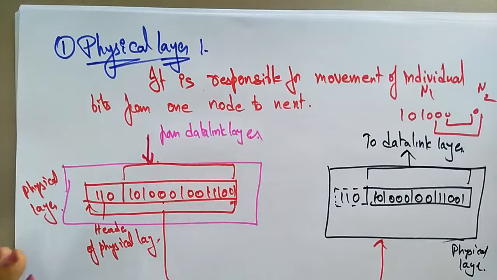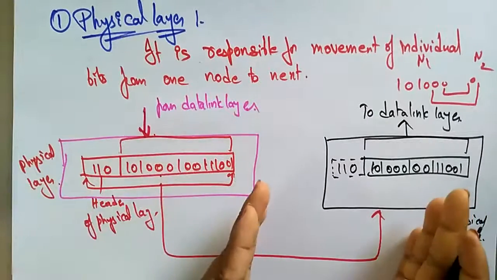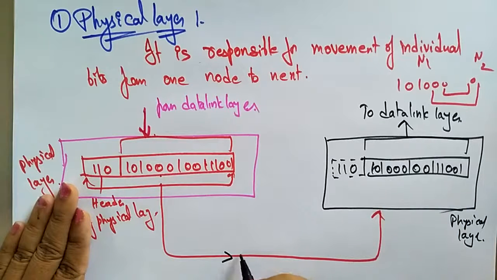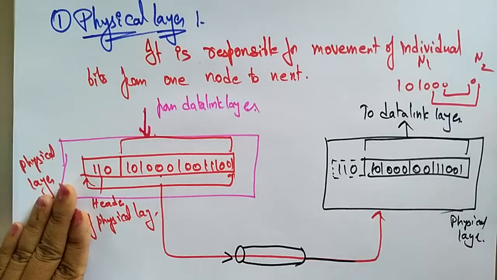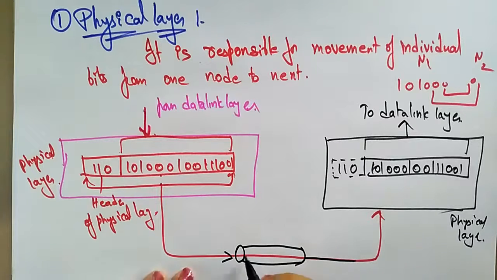And one more important thing here: the data from the physical layer, from one node to another node, will be transmitted over a transmission media. You have to remember that. When you're transferring the data over the network, it should be a signal, an analog signal.